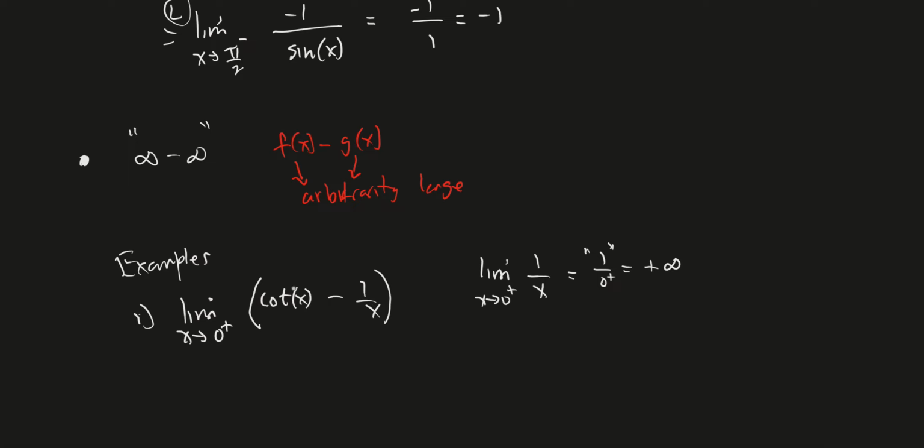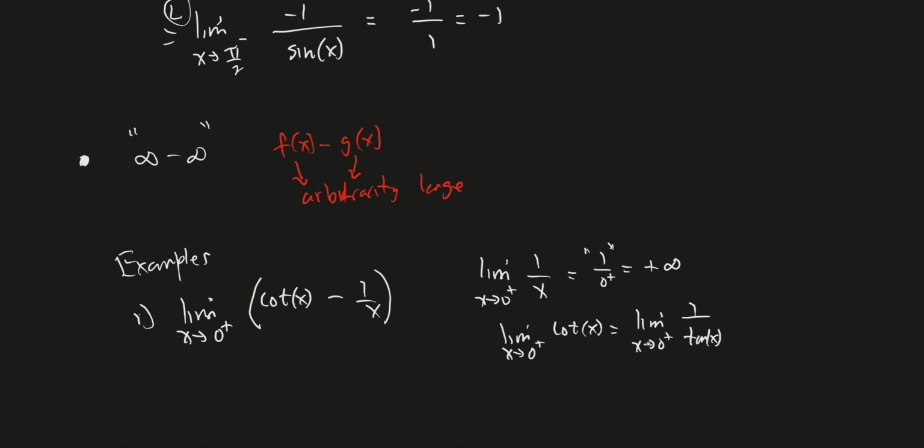What about the cotangent? Well, let's see. So we have the limit as x approaches 0 plus. The cotangent is 1 over tangent, so I'm going to rewrite that. And as x approaches 0 plus, we're in our first quadrant, but very, very close to the positive horizontal axis.